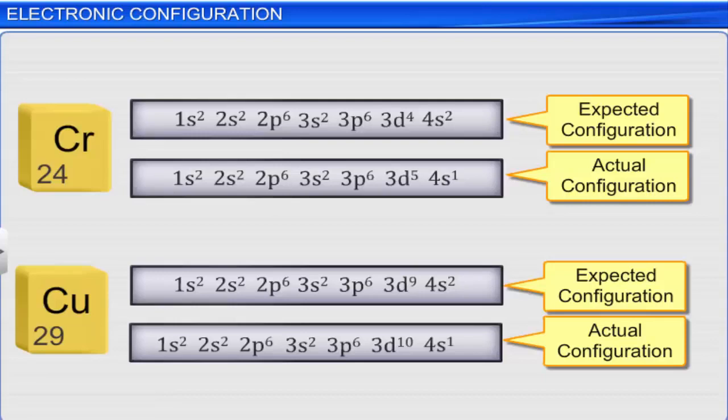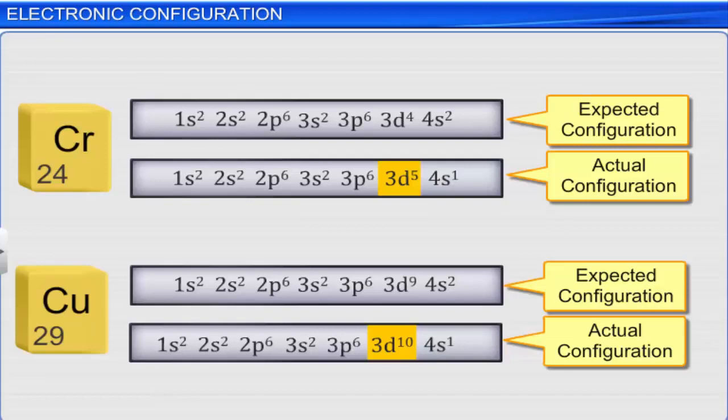This happens in certain elements when two subshells differ slightly in their energies. An electron may shift from a subshell of lower energy to a subshell of higher energy, if this shift results in symmetrical distribution of the electrons in the orbitals of the subshell that has higher energy.